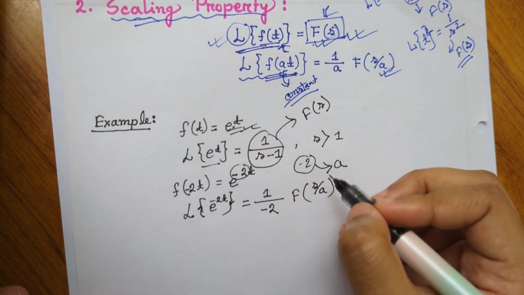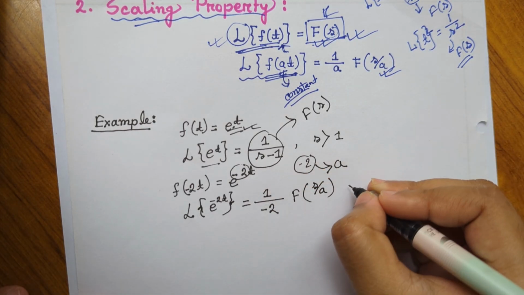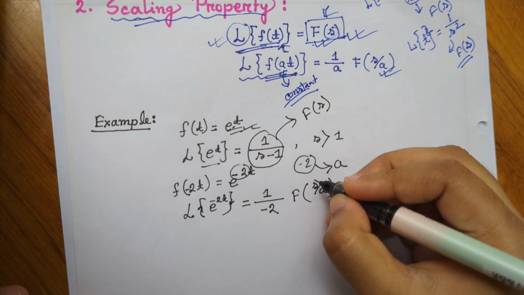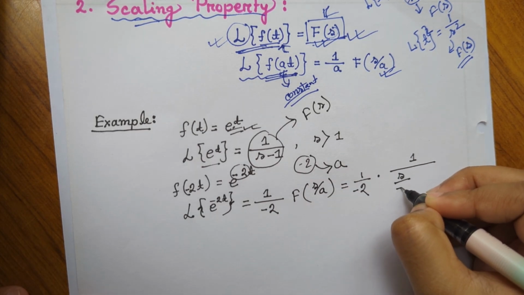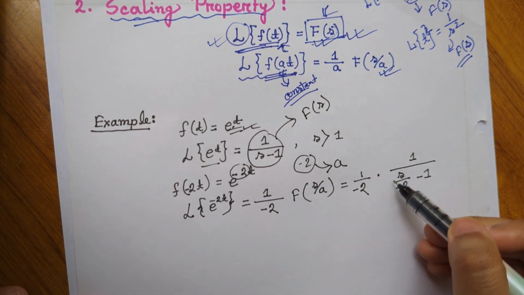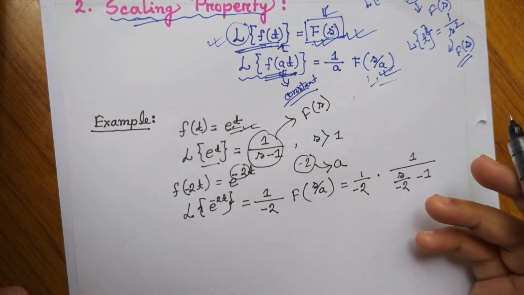So now we'll put s divided by the constant, where the s remains. So our final result will be 1 divided by minus 2, and here we will write 1 divided by s divided by minus 2 minus 1, meaning where our s stays there I will write s divided by the constant. This is our scaling property.